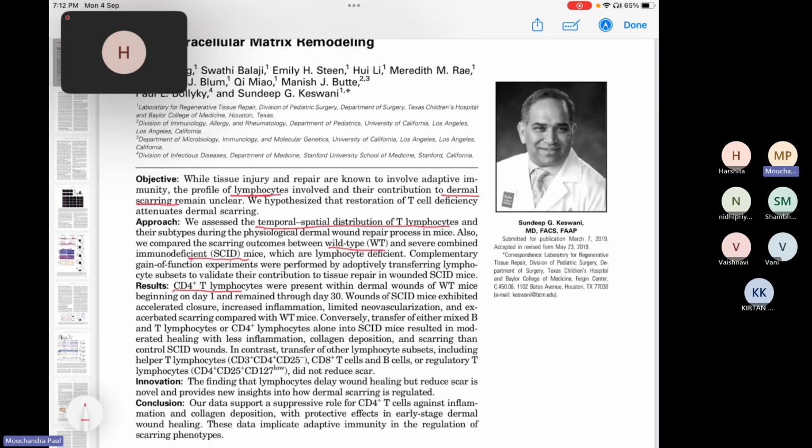They studied the wound healing process for 30 days. On day zero, the wound was created, and for one month, they saw how the healing process goes on. Here they didn't use any artificial tissue construct to accelerate the wound healing process.